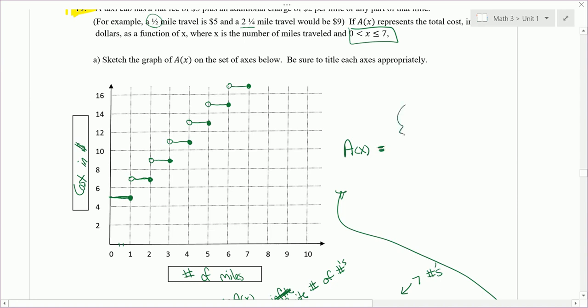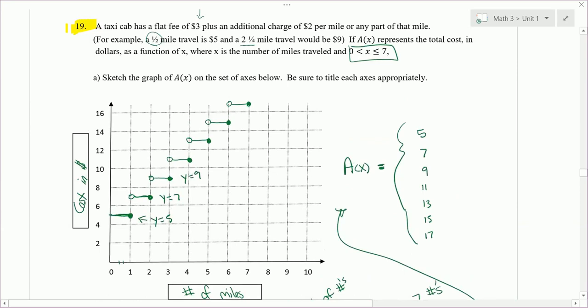So my first piece is just y equals 5, this one's y equals 7, y equals 9, and so on. So my first equation is A of x equals 5. Next one 7, 9, 11, 13, 15, and 17.